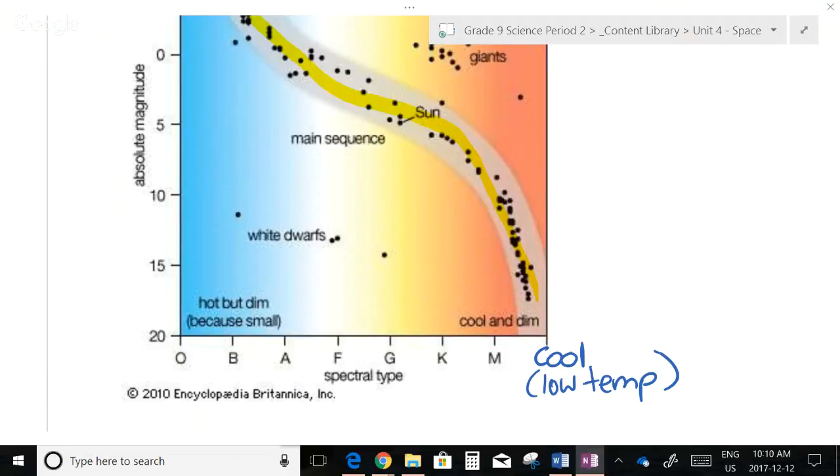So over here we have cool, low temperature stars. If we look at this scale, how do we know that they are cool, relatively speaking? Color, right? Because they're orange and red. What then do we have over here? We have hot stars, right? High temp.